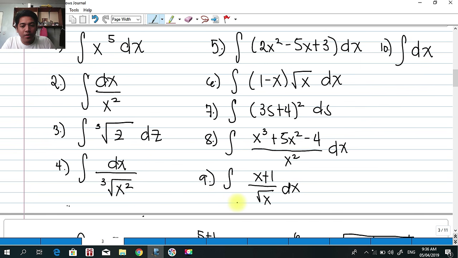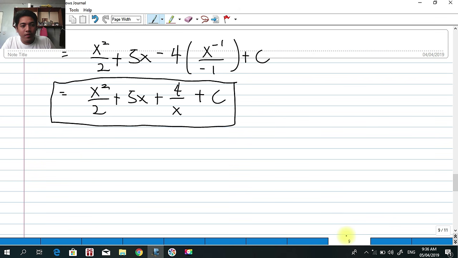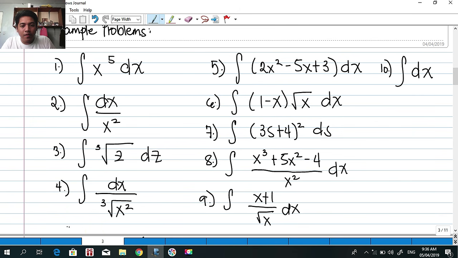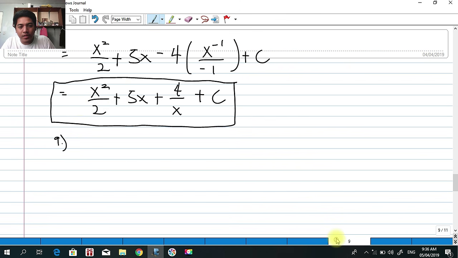And for number 9, we have the integral of x plus 1 over the square root of x dx.